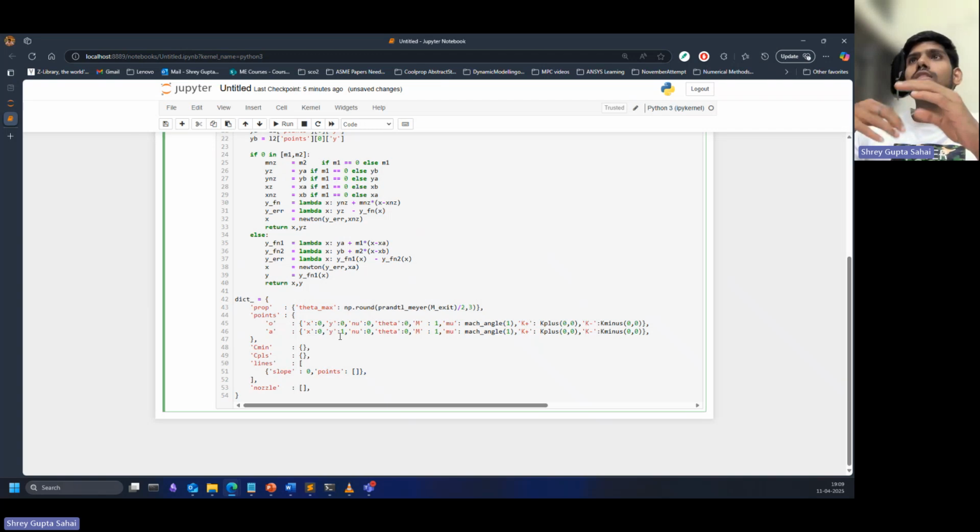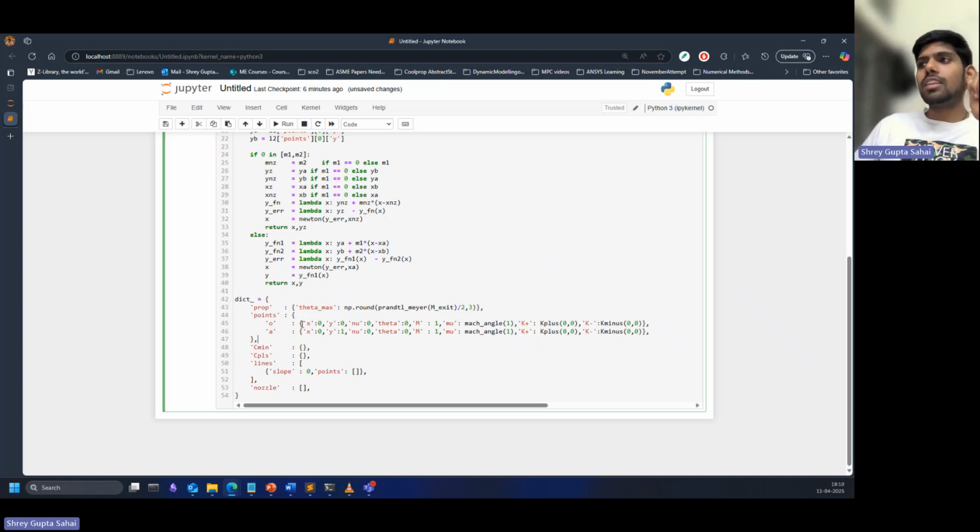Suppose your throat height is 5 meters. 5 meters is too much. Let's say 50 centimeters. Then if I divide the entire geometry by 50 centimeters, basically it's a normalization. I'm assuming that the throat height is at 0, 1. So the entire shape that is going to come, we are going to get positions normalized to this height.